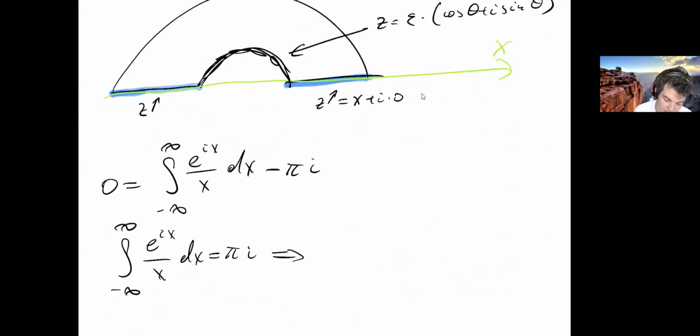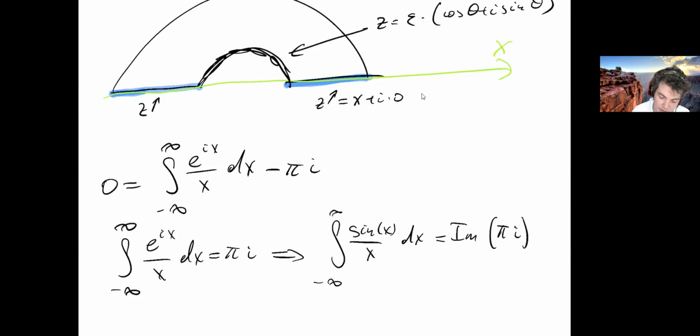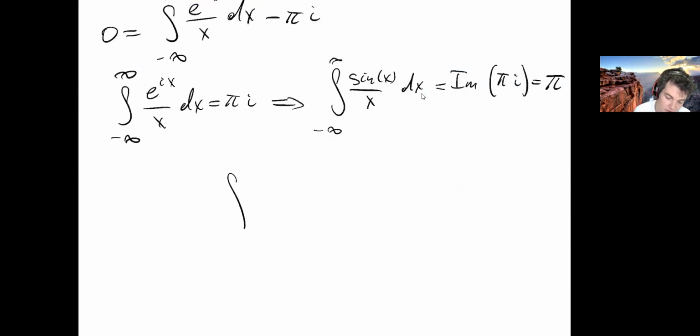And so the integral of sine of x over x is equal to the imaginary part of this first integral, so the imaginary part of pi i, and this is pi. And that's my big achievement today, that I finally showed you how to compute this integral.